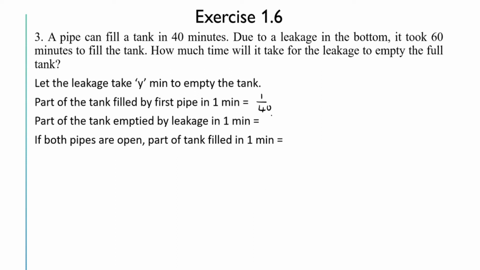If both are open, then the part of the tank which is filled in 1 minute will be 1/60, because it is given it took 60 minutes to fill the tank.